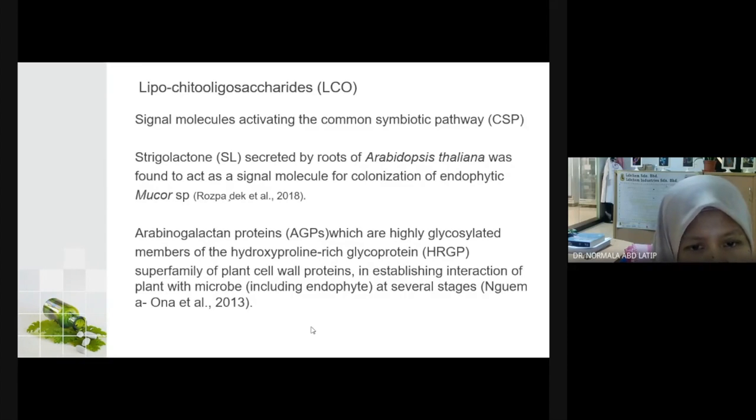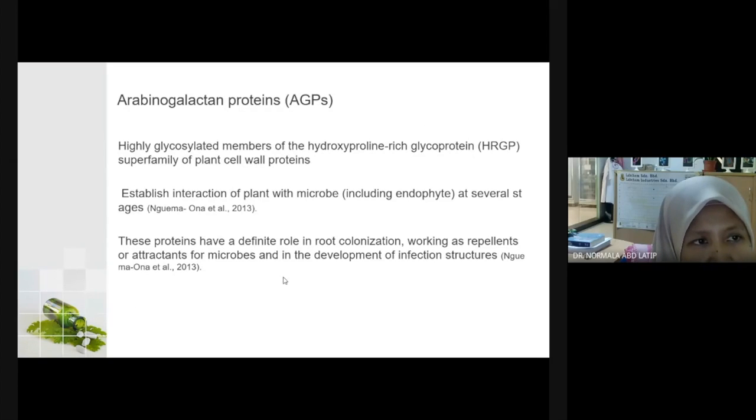They establish interaction between the plant and microorganisms, including the endophytes, at several stages of the life cycle. These proteins also have a definite role in root colonization. They work as repellents or attractants for microbes in the development of infection structures.